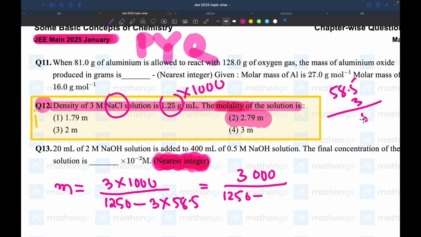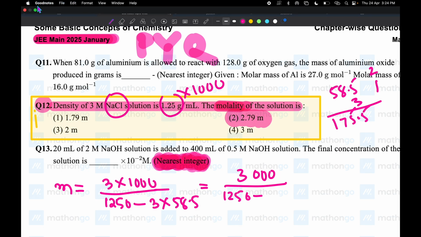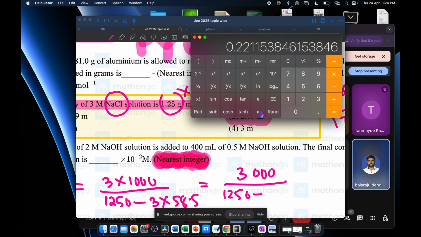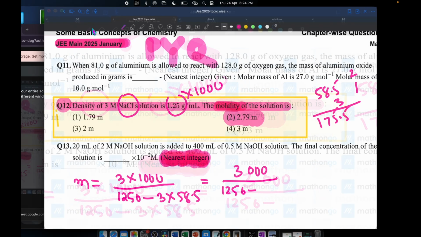So how much is it? 58.5 into 3 is 175.5. Everyone makes mistakes here. 175.5, exactly correct.